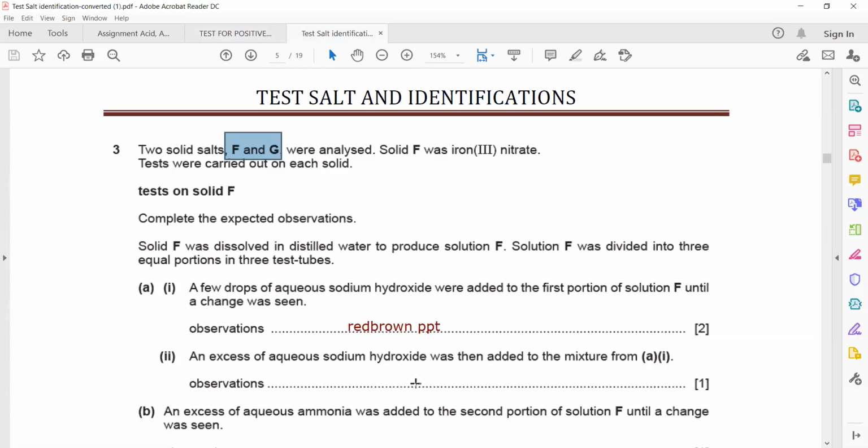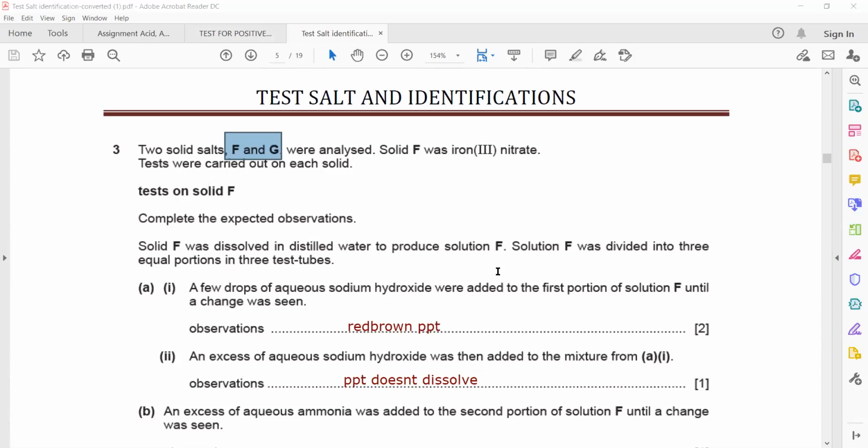So precipitate does not dissolve. The precipitate does not dissolve.